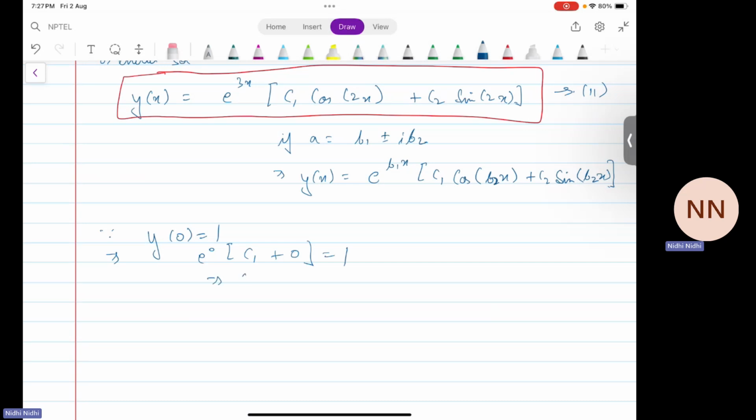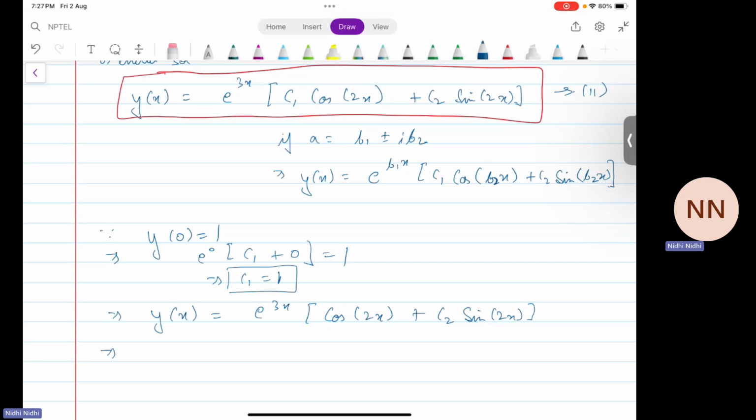This implies c1 is equal to 1. This implies our y(x) was e power 3x times cos 2x plus c2 sin 2x.